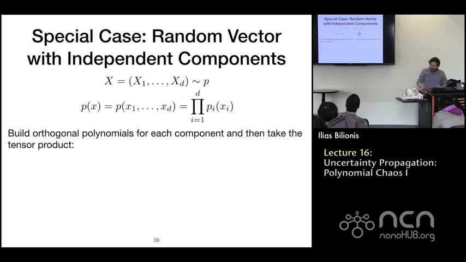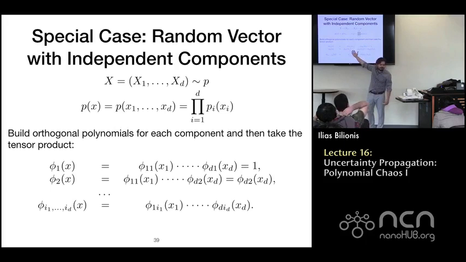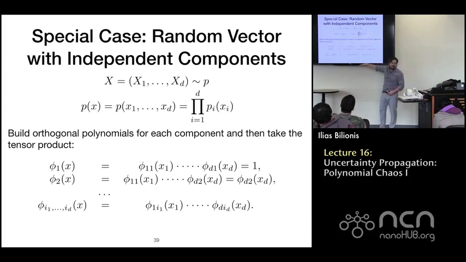So you build orthogonal polynomials for the first component, for the second component, for the third component, and then you can build multidimensional polynomials by multiplying the components to each other. This is called a tensor product between sets of functions. But who cares? You just take the product of all the different polynomials, pick one polynomial from each dimension and make all possible combinations.